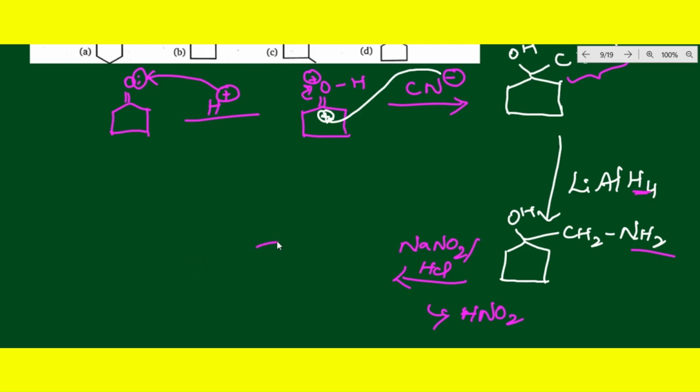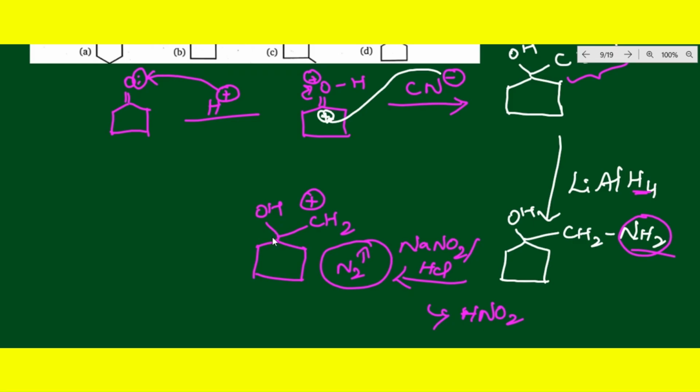So what product will you get? See, here OH, here CH2, and this CH2 will carry a positive charge. Why? Because the amino group has left as nitrogen gas, so naturally you will get a positive charge.